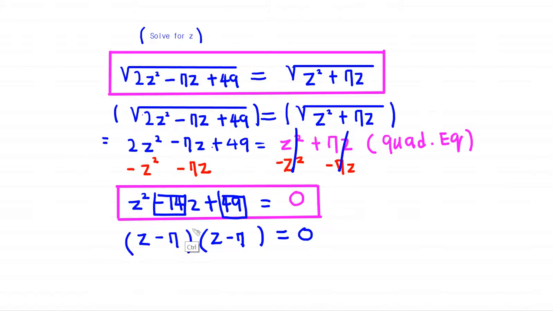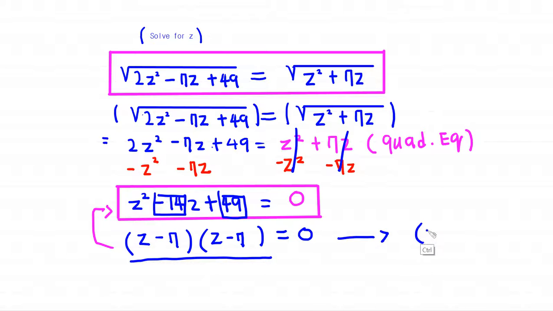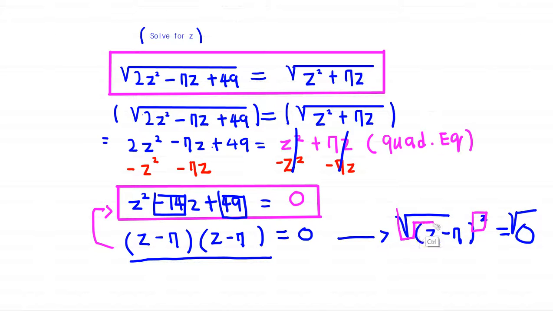Since we are multiplying the same terms, we can write this as z minus 7 squared, equal to 0. We take the square root to remove the square, and the square and square root cancel out.